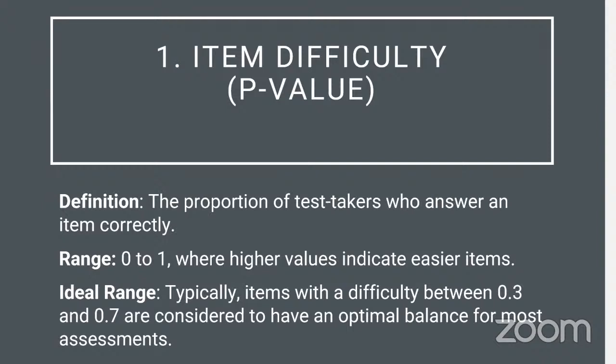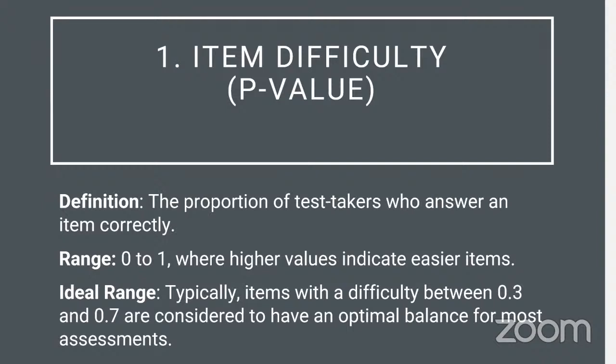The range is from 0 to 1, where higher values indicate easier items. Typically, items with a difficulty between 0.3 and 0.7 are considered to have an optimal balance for most assessments.